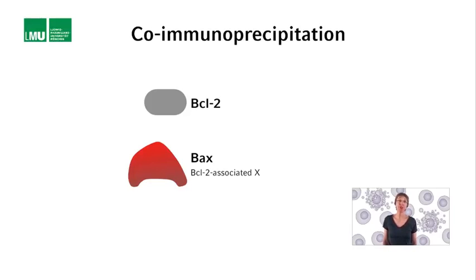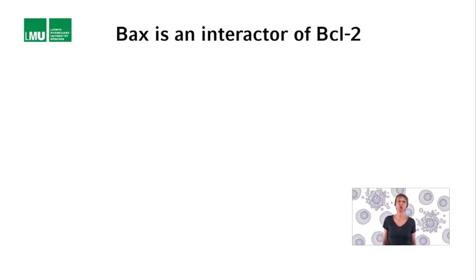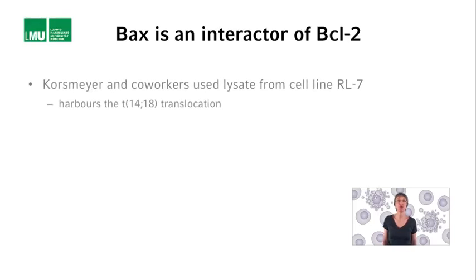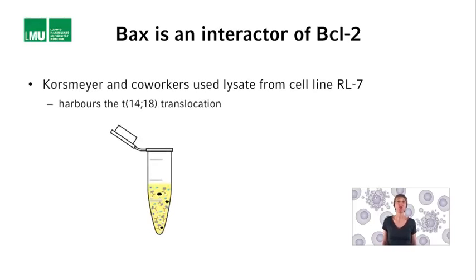For their co-immunoprecipitation, Korsmeyer and co-workers had in particular used lysate generated from the cell line RL7, which is a cell line harboring the T14-18 translocation. Maybe you can think of a reason why they used this particular cell line for their experiment.